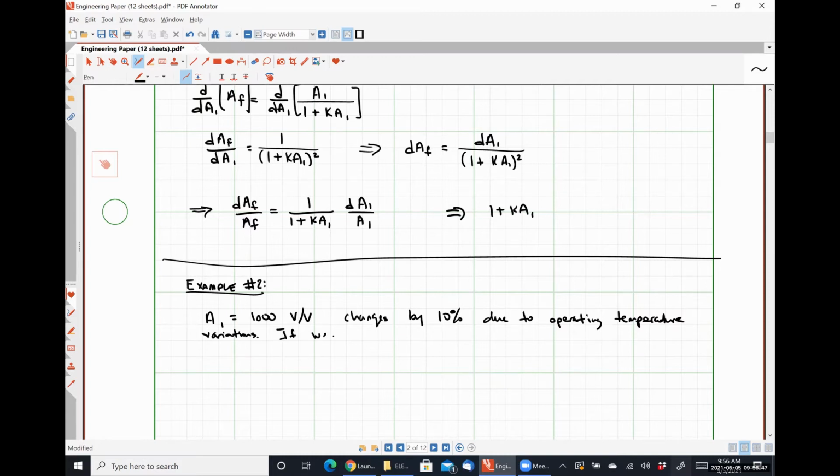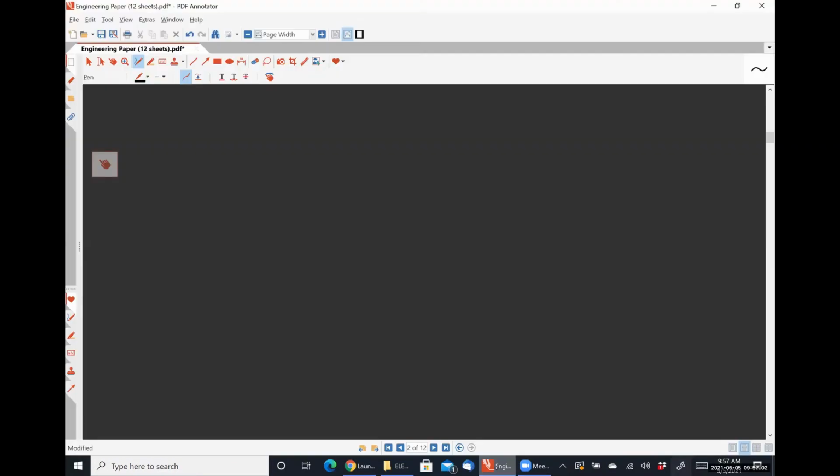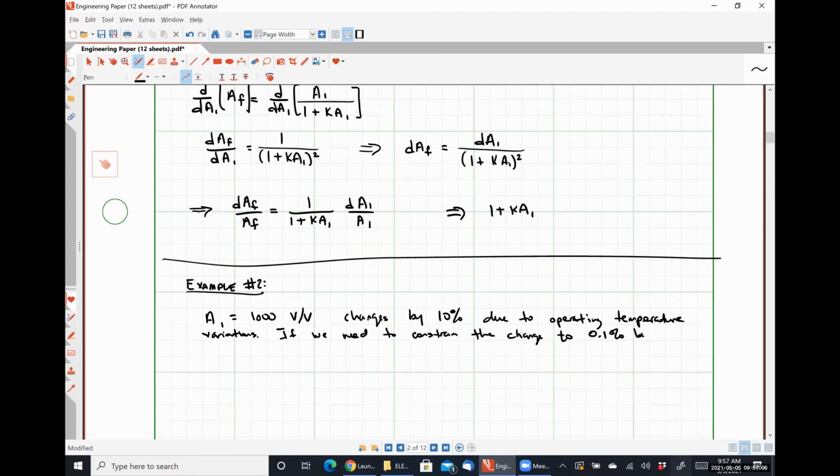If we need to constrain the change to 0.1% by applying negative feedback, what is the largest closed loop gain we can achieve? Okay, so we have a trade-off here, right?